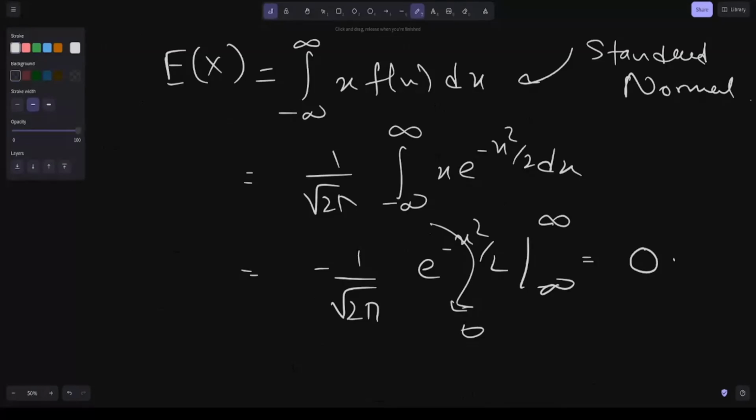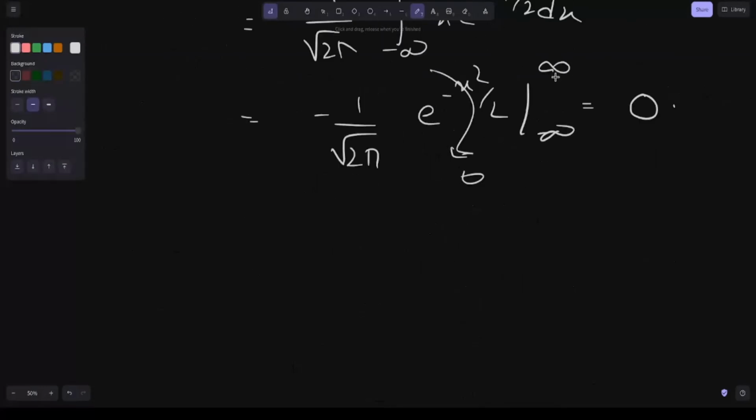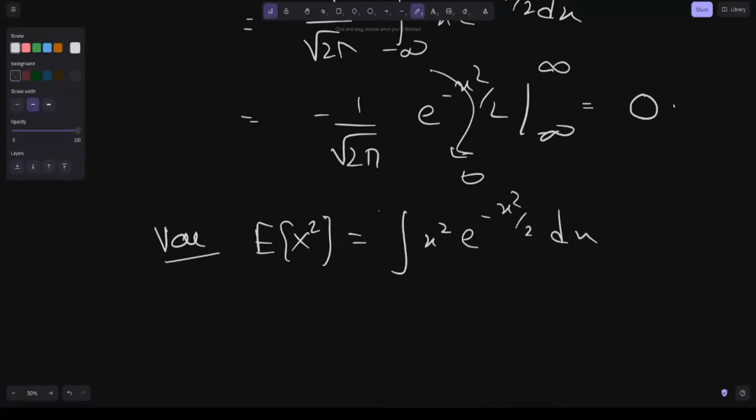So the expectation here is 0, and the variance you have to find by E of X square. E of X square is what? Integration x square e to the power minus x square by 2 dx, 1 by root 2 pi, from minus infinity to infinity. Do by parts.